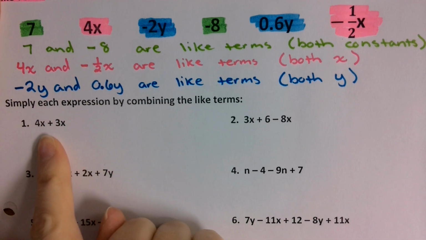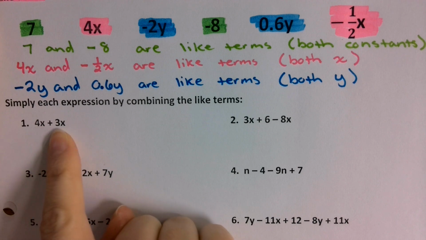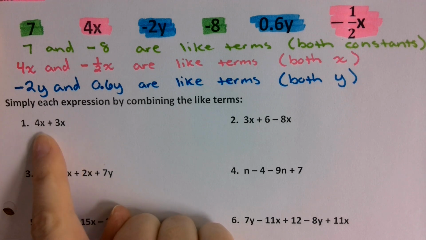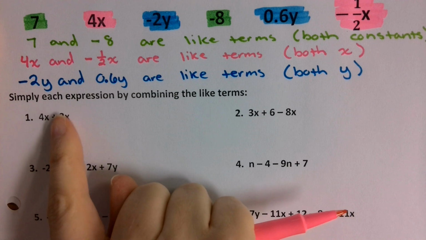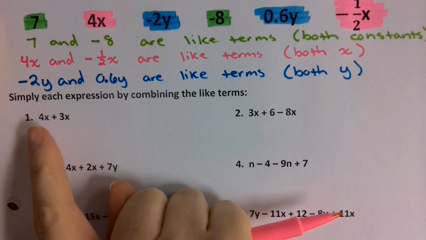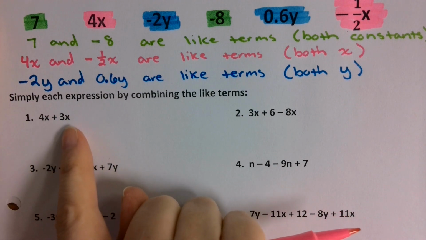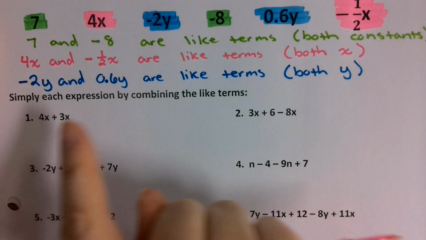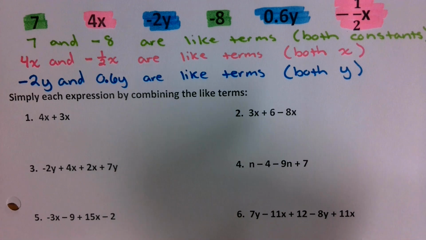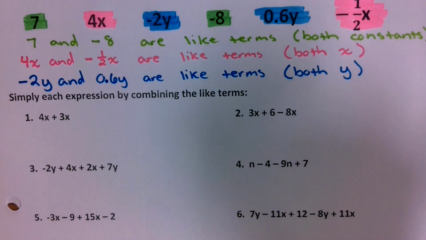So here, I've got 4x, and I've also got 3x, and I want to combine them together. So when we're combining like terms, girls, what we're focusing on is the coefficient. If I say I have 4 x's and then I'm adding 3 x's, how many x's do I have?